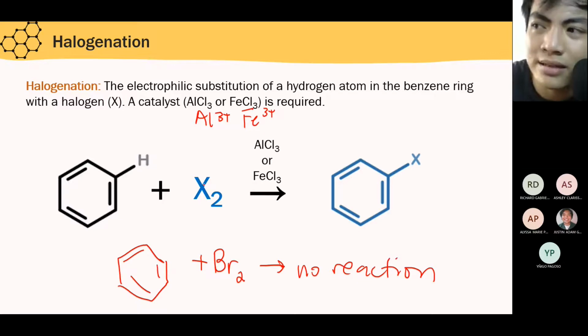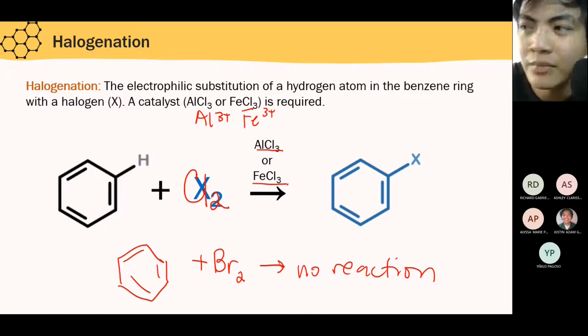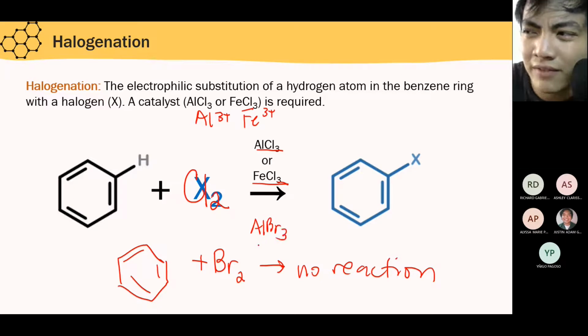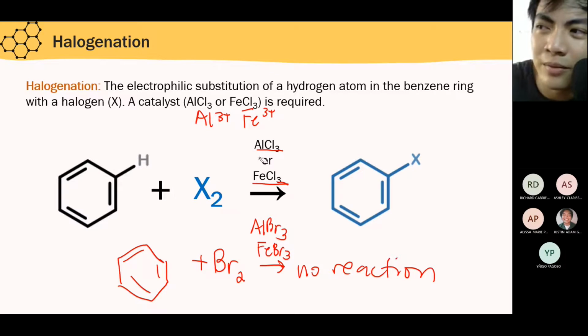So, kunwari, Cl2 to. Ang kailangan mo is AlCl3 o kaya FeCl3. O kunwari, bromine yung halogen mo. Ano yung catalyst mo? Edi AlBr3 or FeBr3.